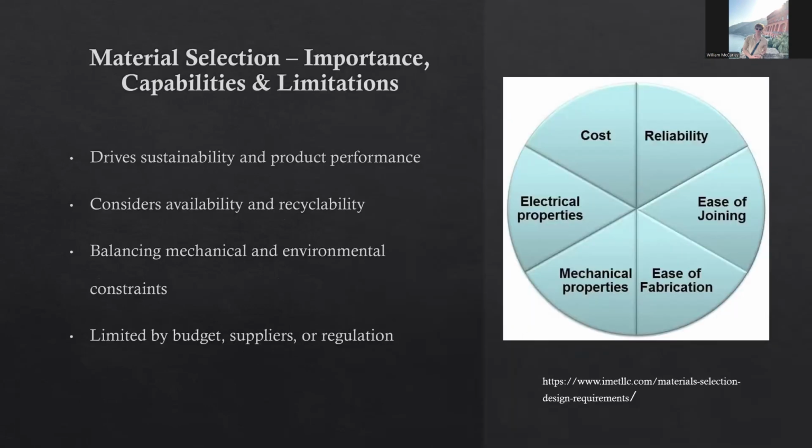So the importance, capabilities, and limitations with it. It drives sustainability and product performance. I mean, if you pick a material that doesn't work, ultimately it's not going to be the best product that you can make. It's huge for recycling and availability.